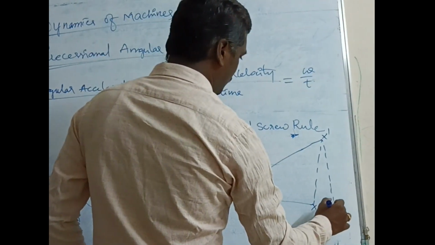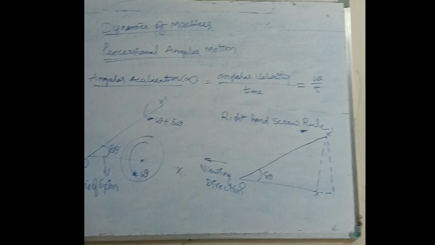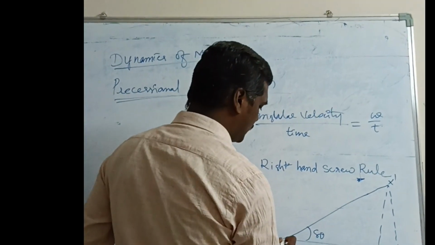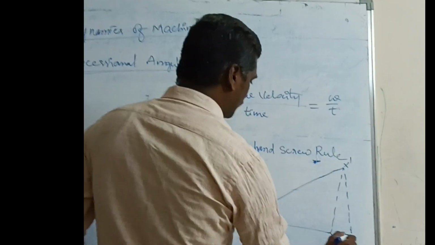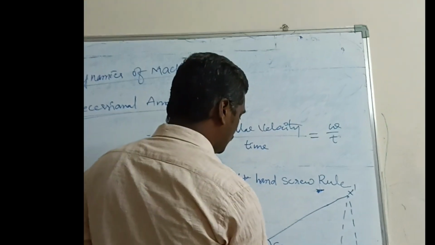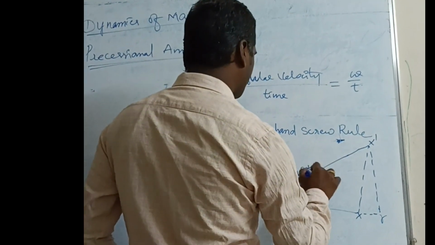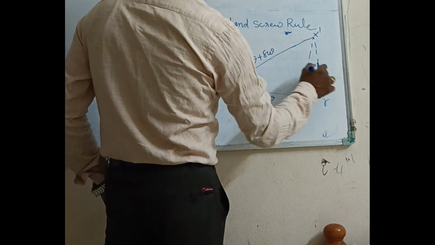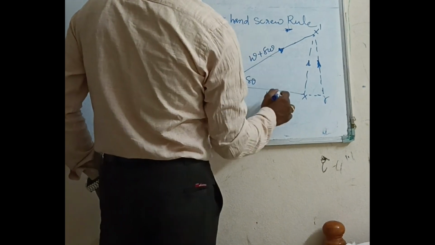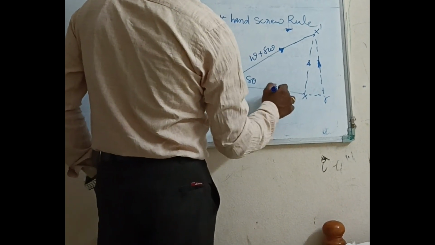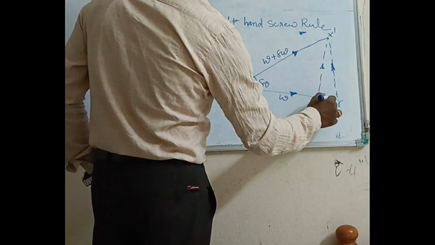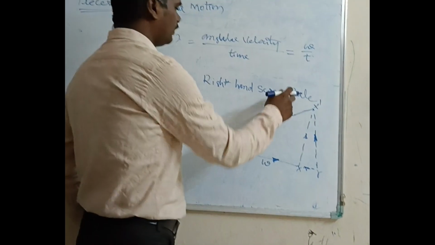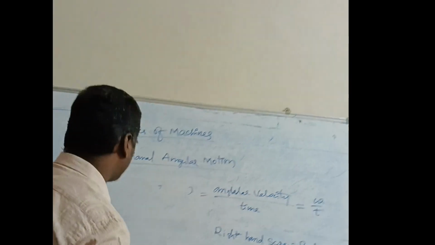Here we need to resolve the angular acceleration into two components. With the help of this triangle we can draw this one, which is omega plus delta omega. These are vector quantities, meaning they have magnitude and direction. We draw the triangle with the help of the right hand screw rule with the vectors.